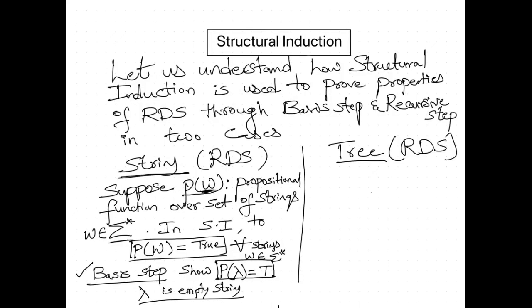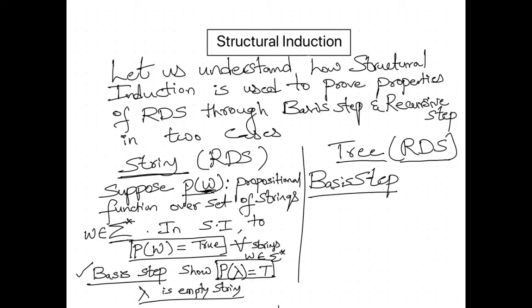Now let us come back to another recursive data structure, and the properties of these recursive data structures can be proved by using structural induction in two steps. What is the first step? The basis step.